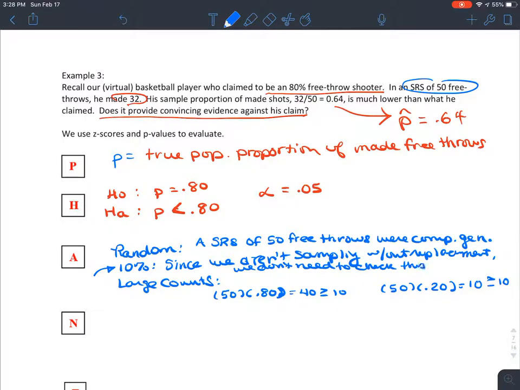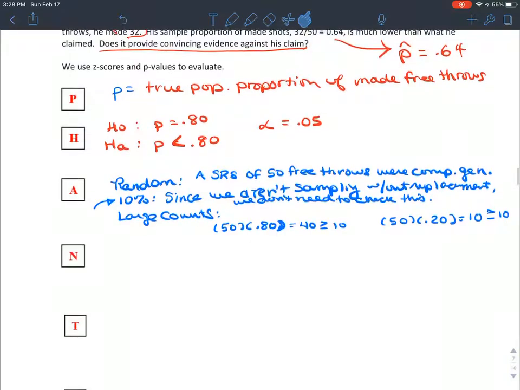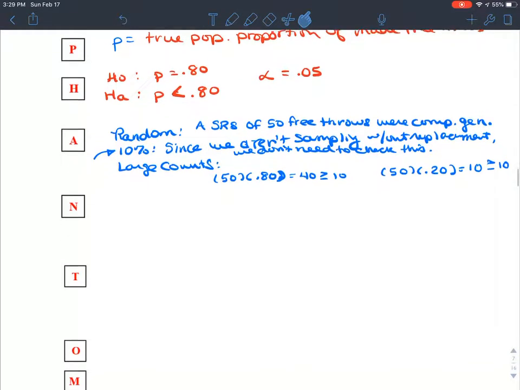Okay. Now I'm writing this here just so when you look back at the notes you understand why we didn't need to check it. You just would skip this. You don't have to write that for the 10% and then write, I don't need to do this. You could just not do the 10% condition. Okay. You can see the large counts condition, therefore normality is met by showing that, you know, at least the number of successes, number of failures would be at least 10.